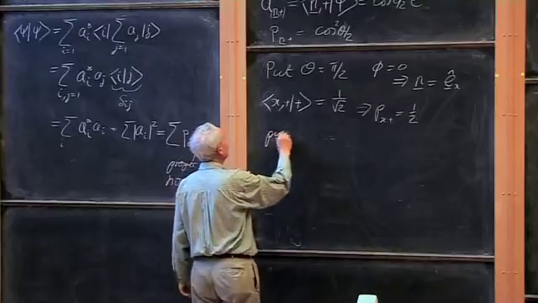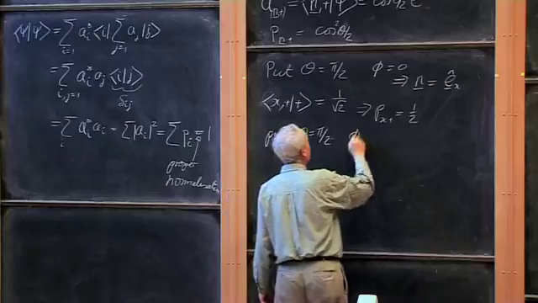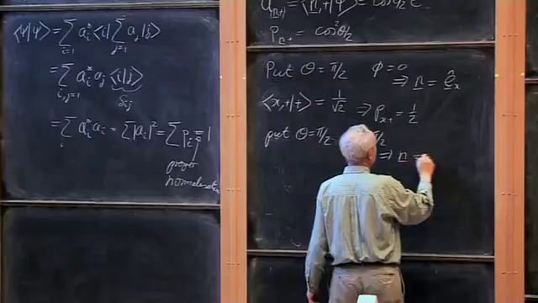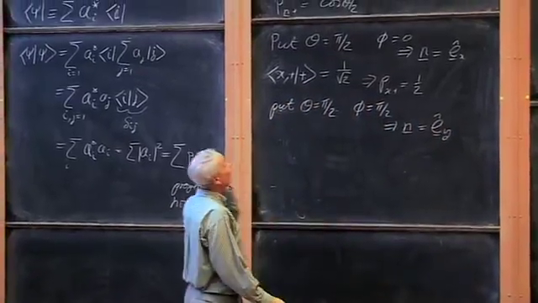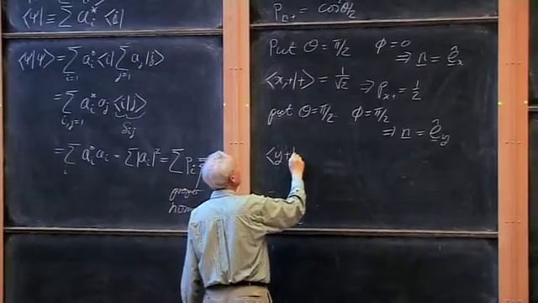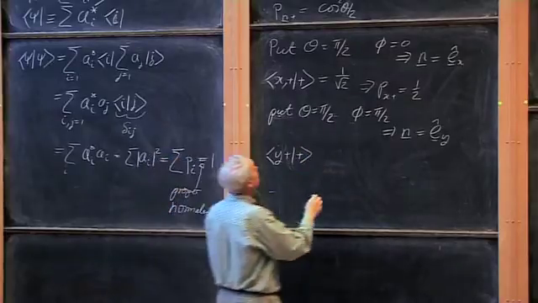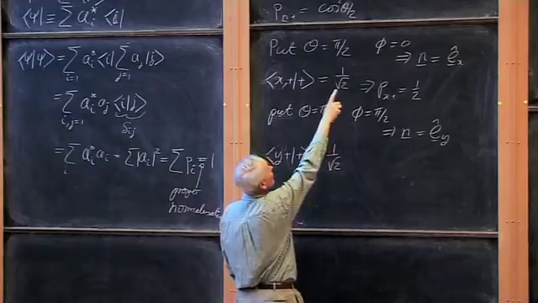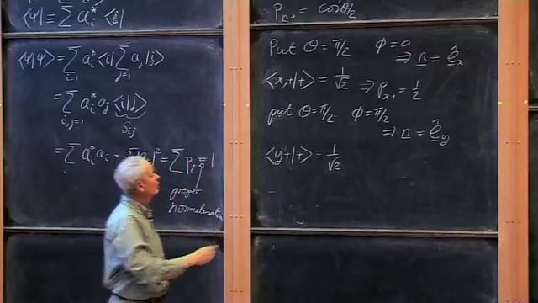Let's put theta equal to pi by 2 and phi equal to pi by 2. That implies that n is equal to e_y, the unit vector in the y direction. What do we get then? Then we find that the amplitude for y plus is still 1 upon root 2, but now we have e to the i pi on 4.